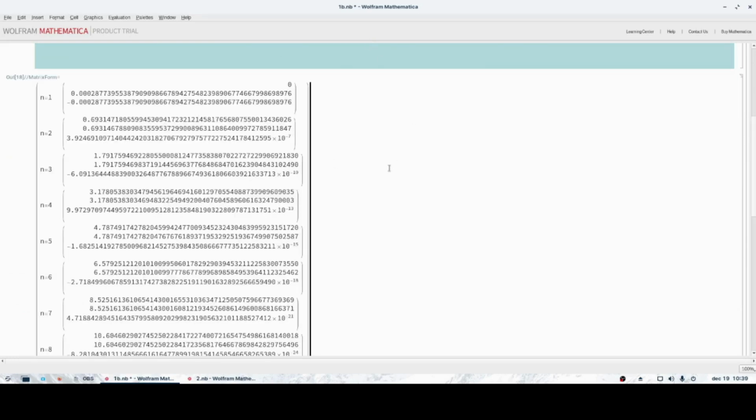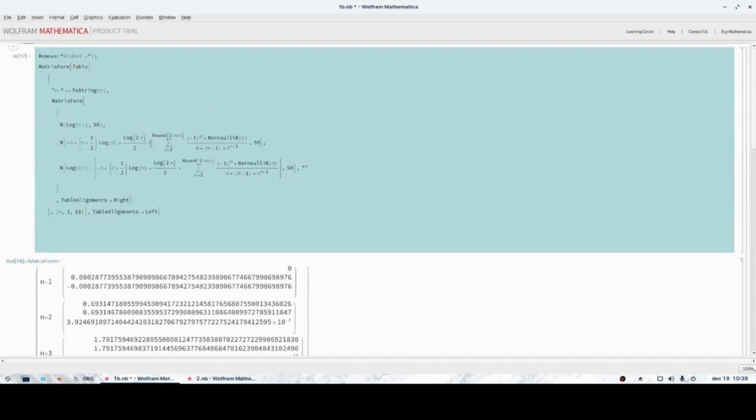I made a list for comparing the approximation formula. The first line is the logarithm of n factorial. Like for n equals 1, 1 factorial is 1, logarithm of 1 is 0.